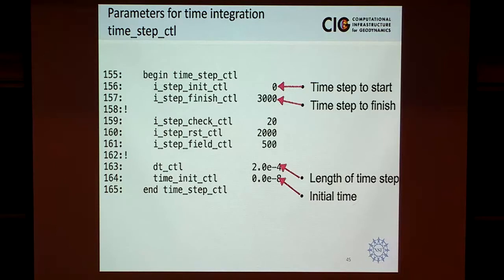Actually, we can start from some different numbers. I don't recommend setting a negative number, though. Why would you start at a time step other than 0? For restarting the solution. Sometimes we start from the programmed initial field, or read from an external file as the restart field.